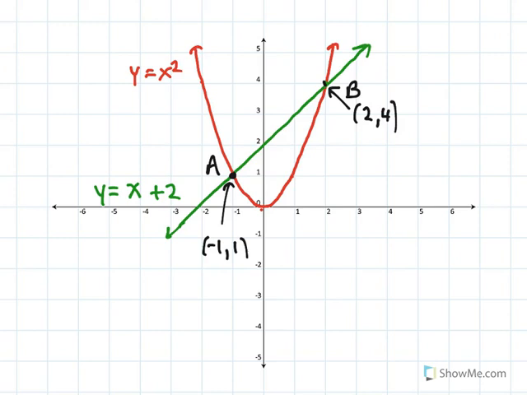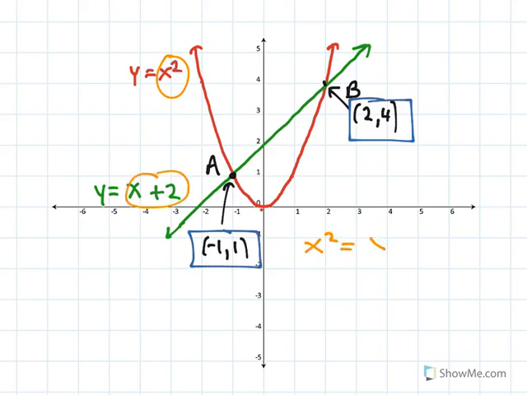You could have also found the x-coordinates of these 2 points of intersection by recognizing that these are points that the two graphs have in common. So the ordered pairs are common solutions of the two equations. You can find the x-coordinate of each point of intersection by setting the two rectangular equations equal to each other and solving for x. So you're going to write x squared is equal to x plus 2.